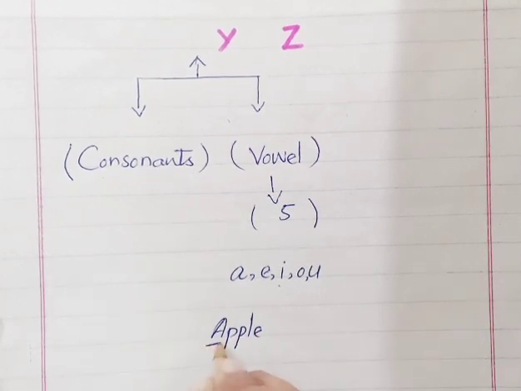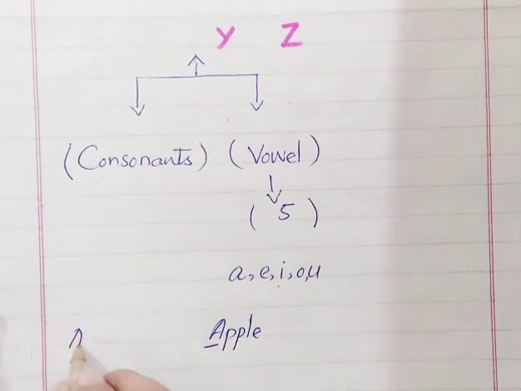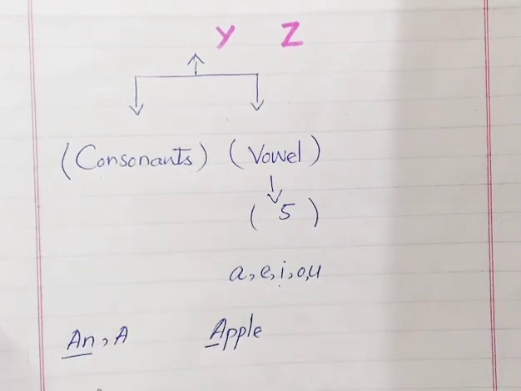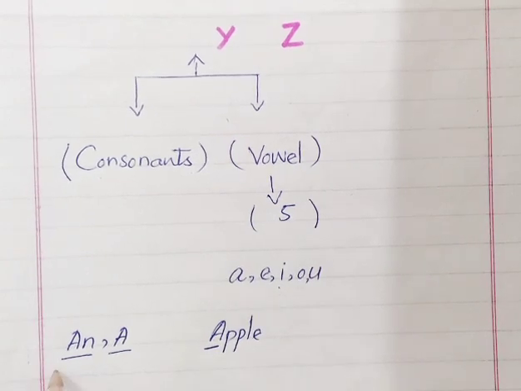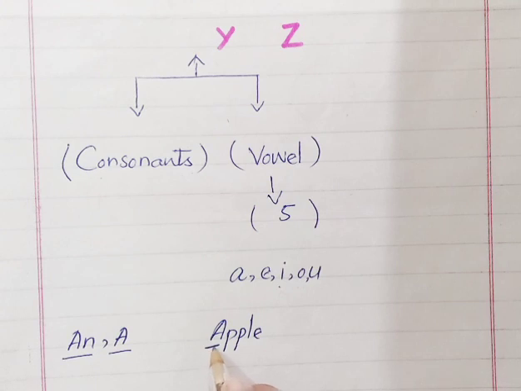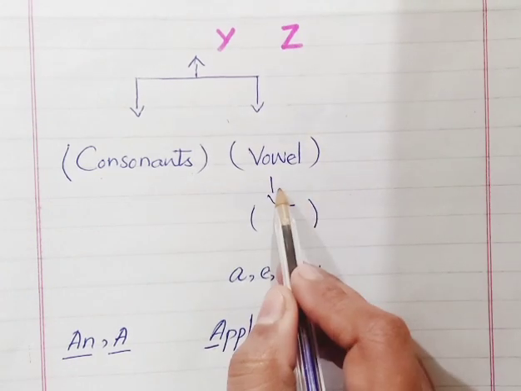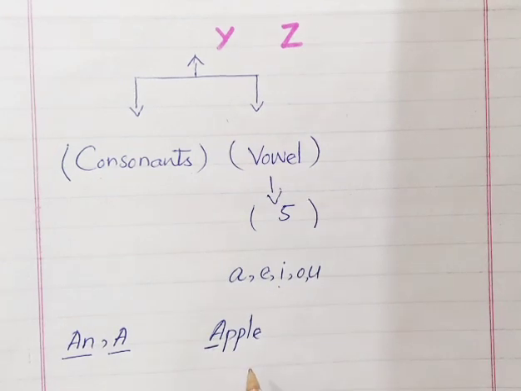The first letter of apple is A. So what will we put with apple? An apple or a apple? The first letter of apple is A. A is our vowel letter, so we always put an with a vowel, right?